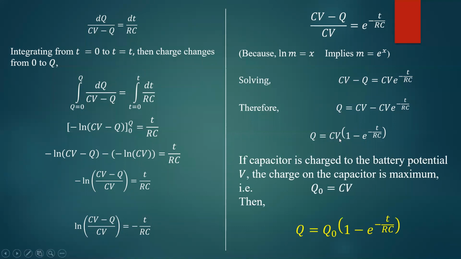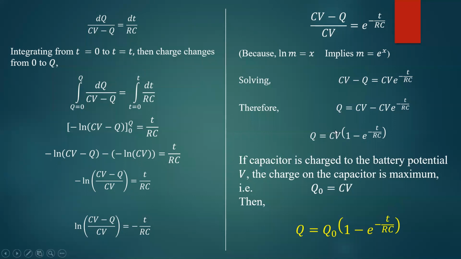If the capacitor is charged to battery voltage, the product C into V gives you the maximum charge that can be stored on the capacitor for that battery voltage. So if the capacitor is charged to the battery potential V, the charge on the capacitor is maximum, and that product CV is represented as Q0, where Q0 is the maximum charge that can be stored on the capacitor.